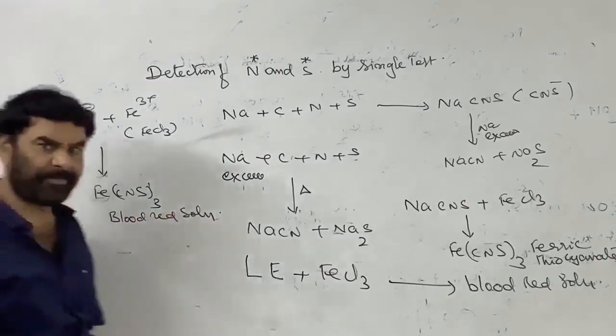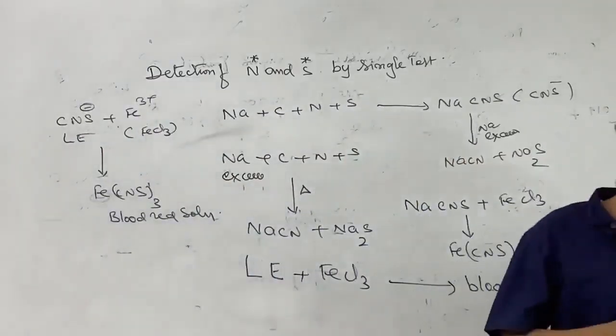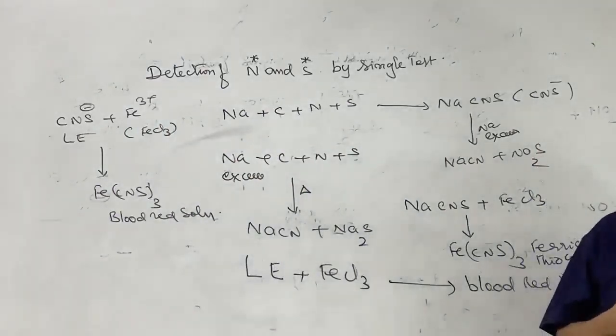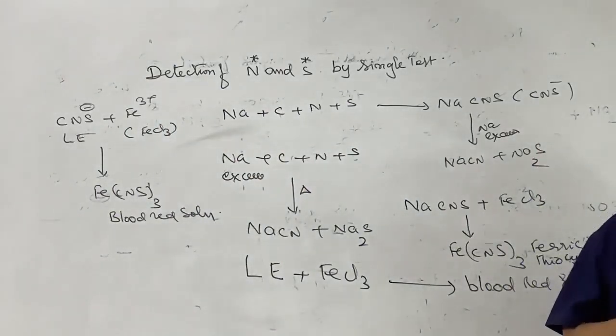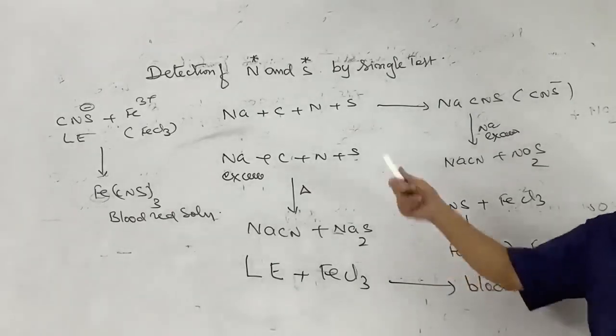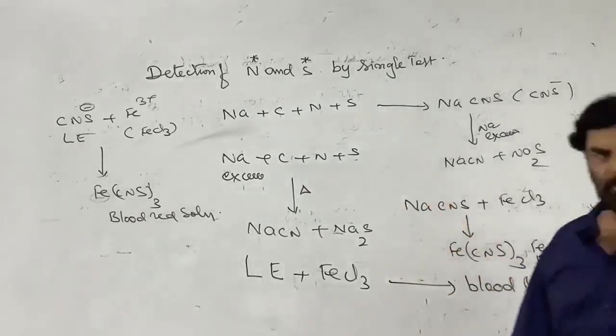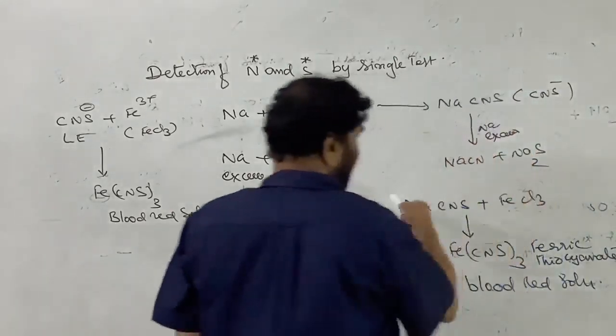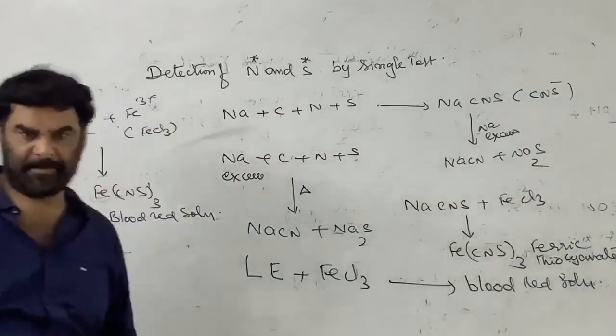Solution is formed. So if both are present, to avoid this complication, first, to prevent the formation of thiocyanate, excess sodium is used, which decomposes it this way and forms the simple sulfides.